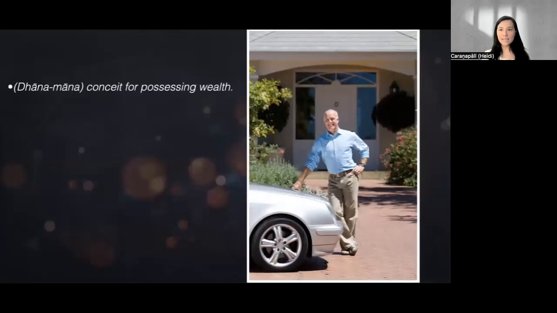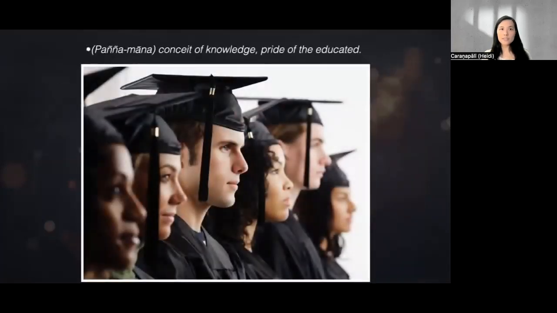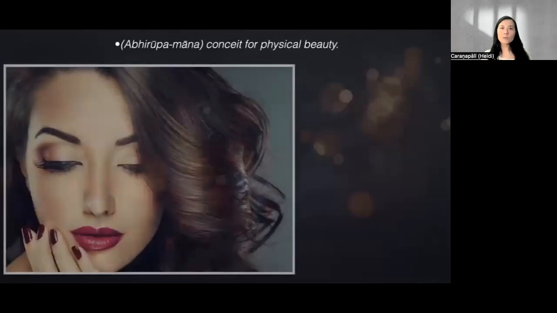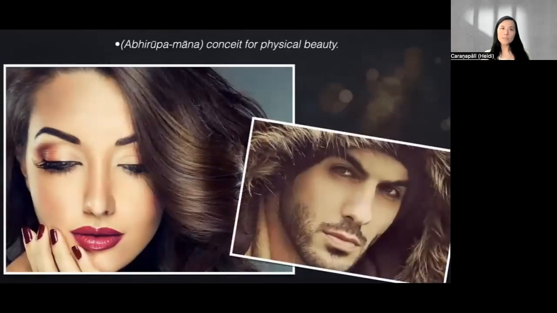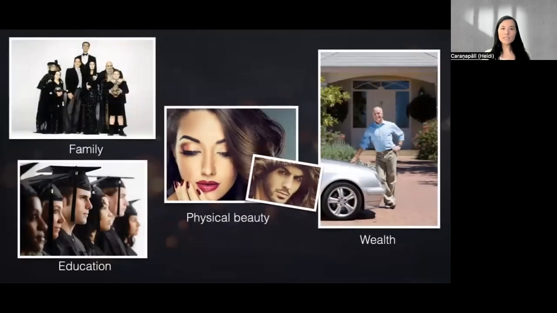That's called dana Māna. People can also be proud of one's education and knowledge. That's called panya Māna. And people can also be proud of one's physical beauty. That's called abhirupa Māna. So there are different kinds of pride: family, education, physical beauty, and wealth.